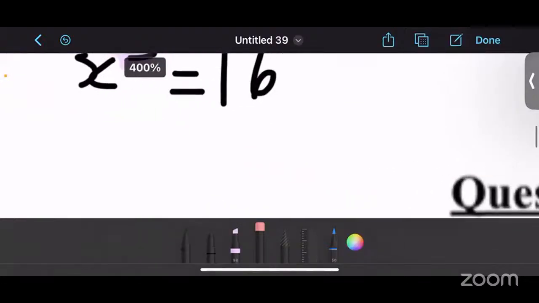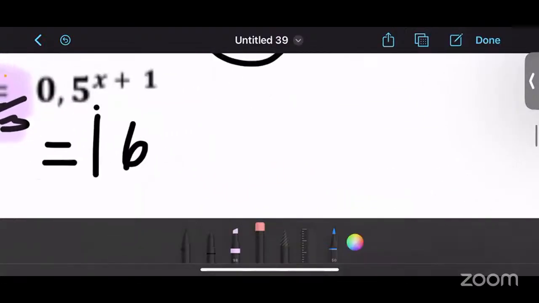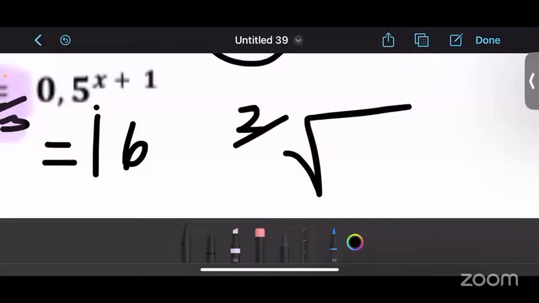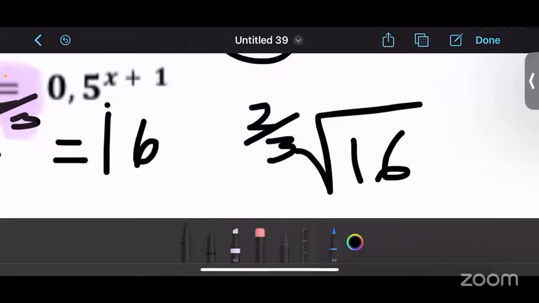So now on your calculators again, I need you to punch in Grace, 16 to the power of 2/3. Are you able to press this on your calculator?